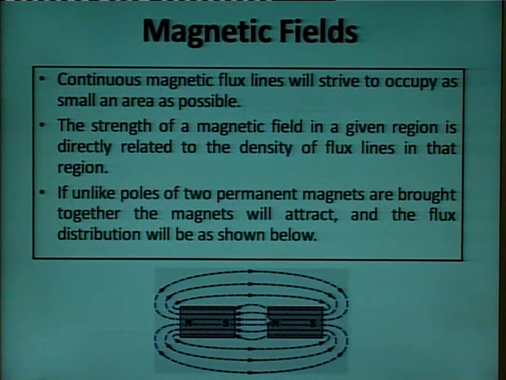Because two unlike poles of the permanent magnets are brought together, magnetic lines of force are starting from north and ending at south, then again starting at north and ending at south. So we can see the magnetic lines of force traveling from north to south and then again from north to south.